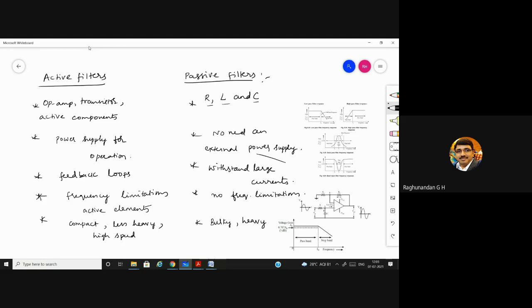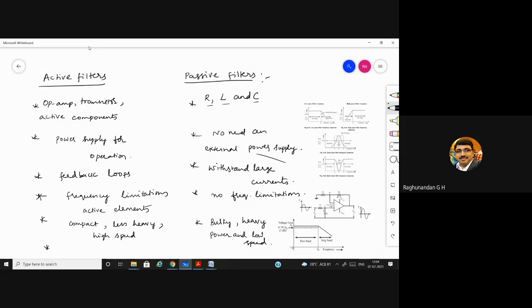Also there is one more drawback. They consume more power because they have a drop across them whenever you are giving an input signal, so there will be power loss, and they will be operating at low speed. So these are the disadvantages.